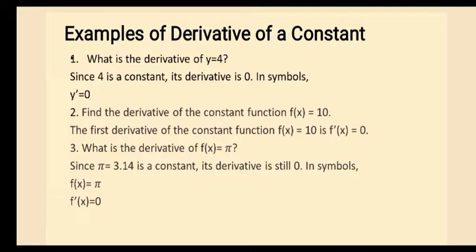The first derivative of a constant function f(x) is equal to 10 is f prime of x is equal to 0. Third, what is the derivative of f(x) is equal to pi? So since we have the value of pi, which is constant, that is 3.14, its derivative is still 0. So in symbols, f prime of x is equal to 0.